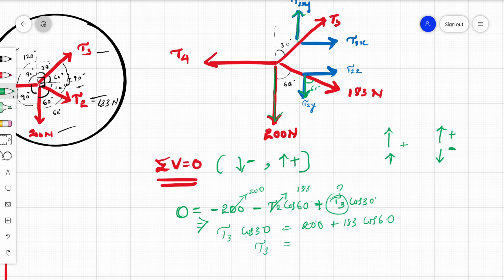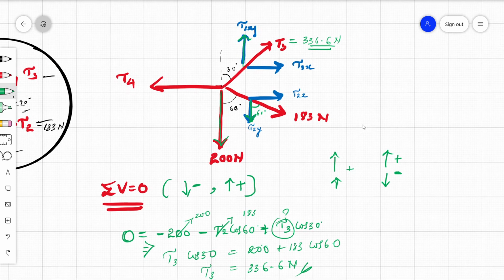So if I cross multiply, add and cross multiply, I get the value as 336.6 Newton. Okay, the calculation is left to you, only the concepts. That is about T3. Now we got to know the value of T3. The value of T3 is 336.6 Newton.